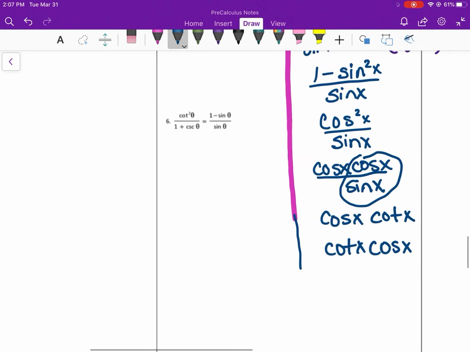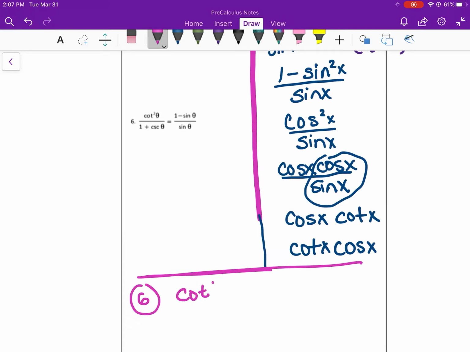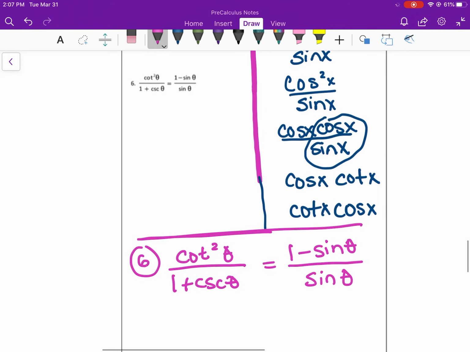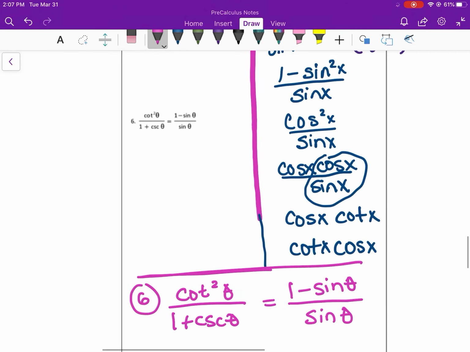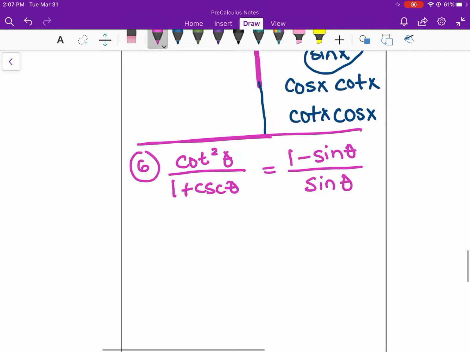Okay, number 6, I'm just going to move it down here so I have some more space. All right, so again on this one you might not realize which side to start on.